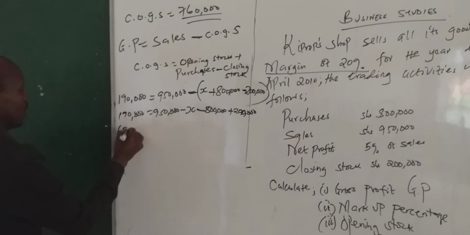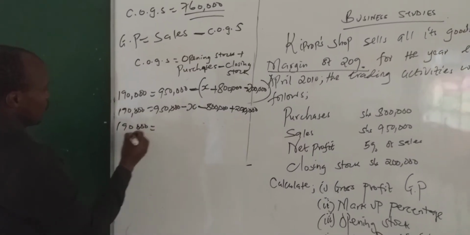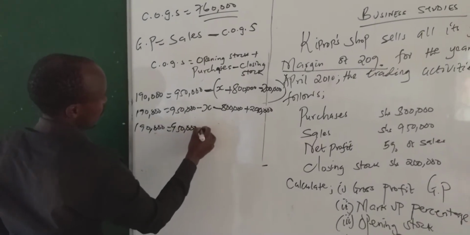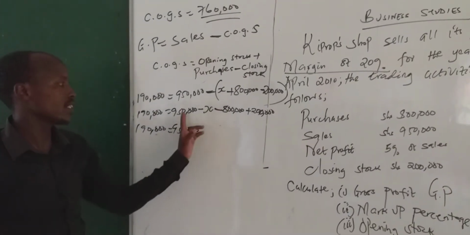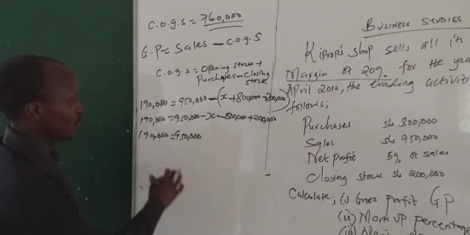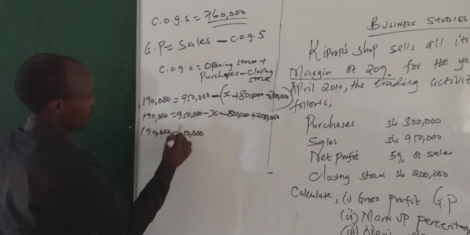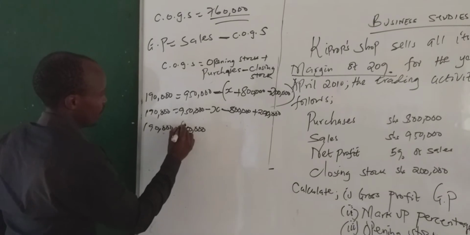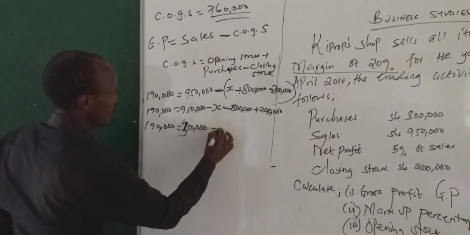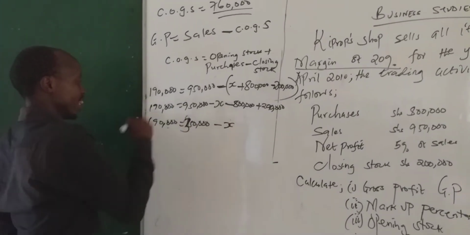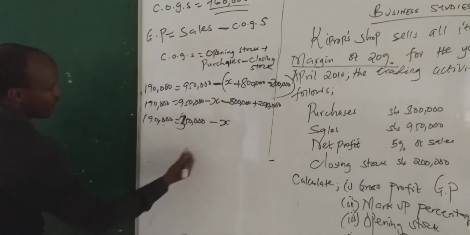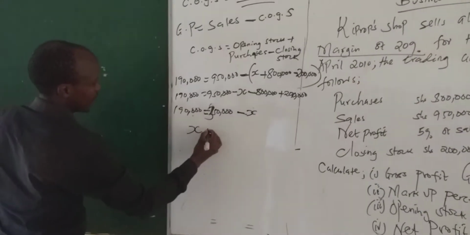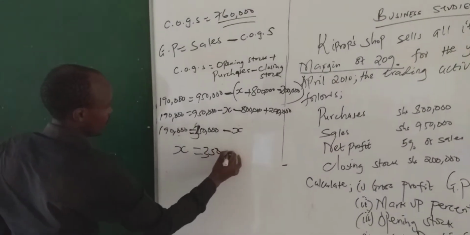This will be 190,000 is equal to 950,000, we subtract 950 minus 800, we will get 150, then we add 200, we will get 350. We'll have 350 minus X. When we take this negative X across the equal side, we'll have X is equal to 350,000.